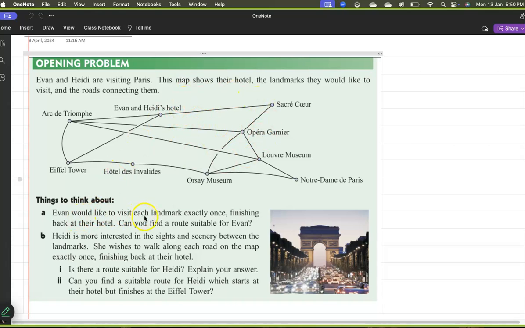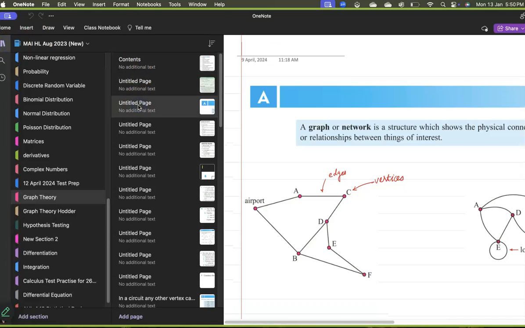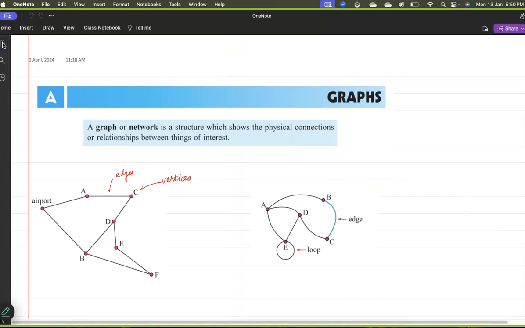How will you visit each landmark exactly once? Or if you are interested in seeing the streets, how will you pass through each of the streets once? So this is the whole idea of graph theory, whether you have to visit the nodes or whether you have to take each of the paths or the edges which are there.